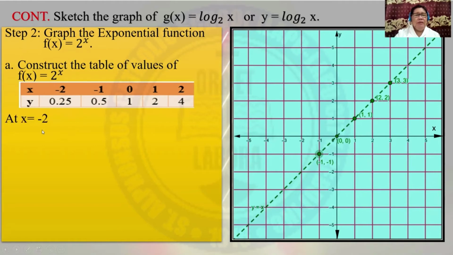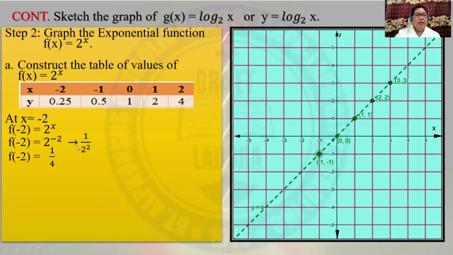I'll be giving you only one example on how to get the value of y. At x is equal to -2, all you have to do is replace x by -2. So we have now 2 raised to -2. And this can be simplified into 1 over 2 squared based on the laws of negative exponent.